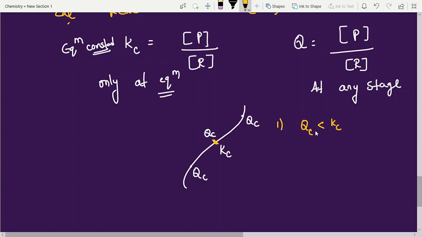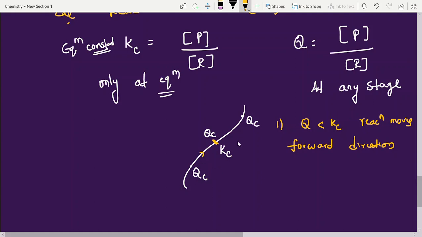Q or Qc, anything you can take. Q less than Kc, then reaction moves forward direction. Did you understand the point? Forward direction. Simple logic.